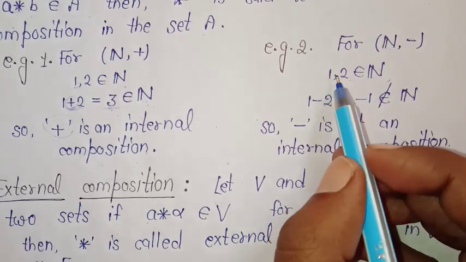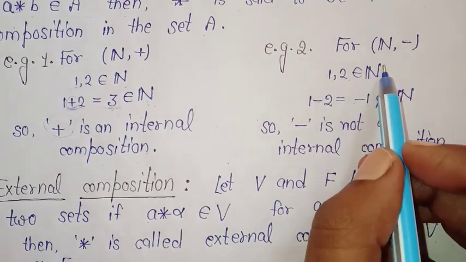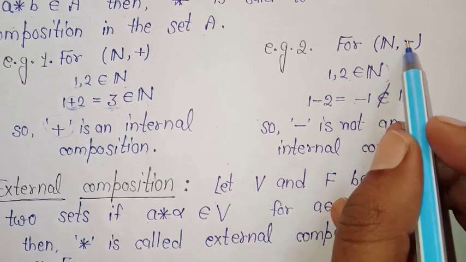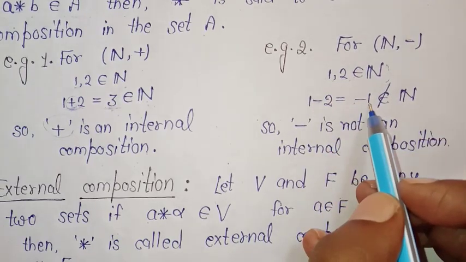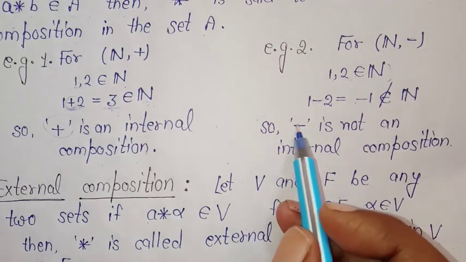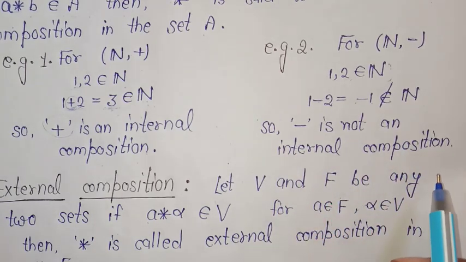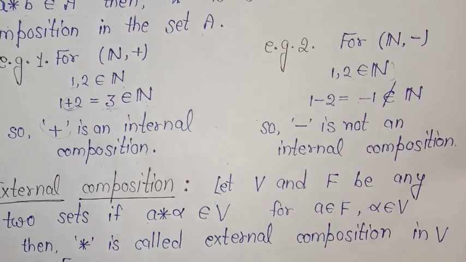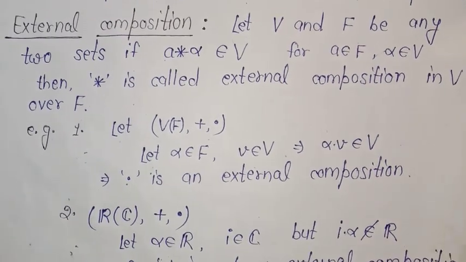So we have taken two elements from the set of natural numbers and applied the operation minus over them, and the resultant element does not belong to the given set. That's why subtraction is not an internal composition for the set of natural numbers. So I hope the definition of internal composition is clear.